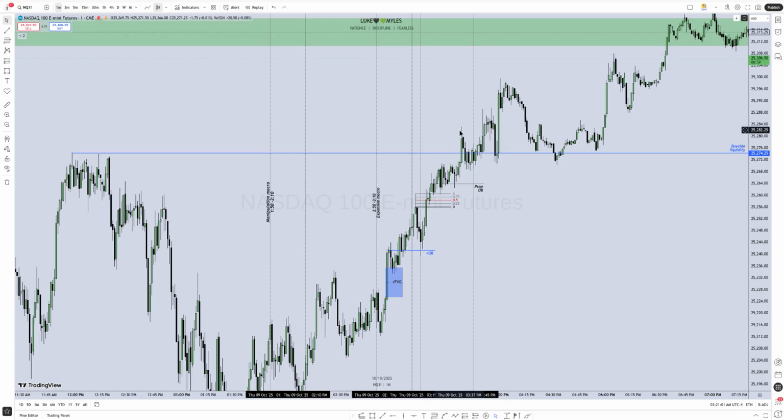So we close above that, drop lower, coming into the 3:45. Now going into the close, I'm looking at the 3:50 to 3:57. This is so fun.